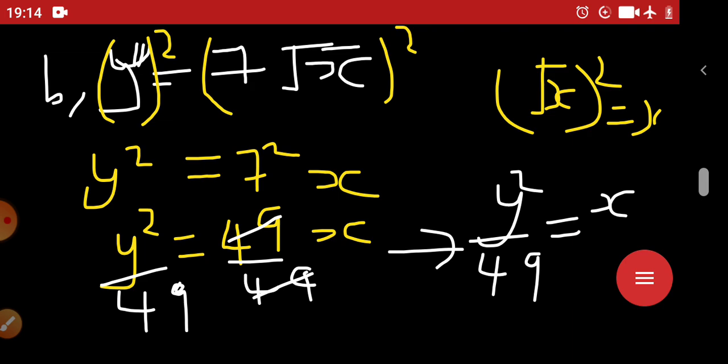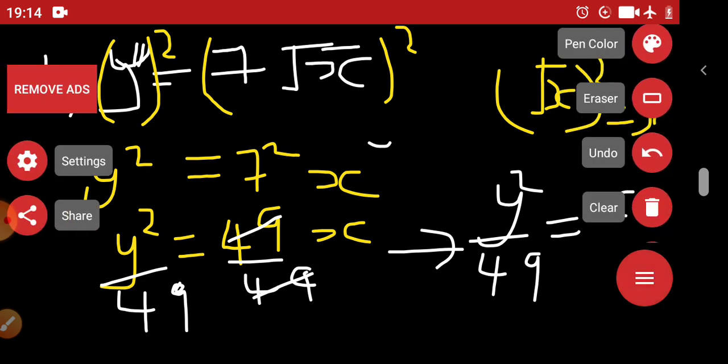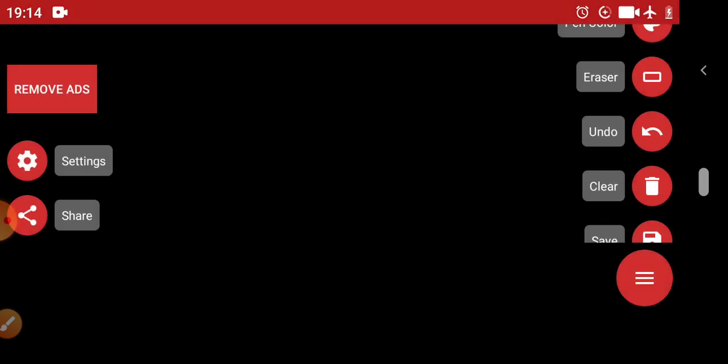But instead of doing this, you can tackle the problem differently. Let's say maybe you have forgotten this law, that a times b all squared is equal to a squared times b squared. I don't advise you to forget rules. For the same problem, we have y equal to 7 square root of x.